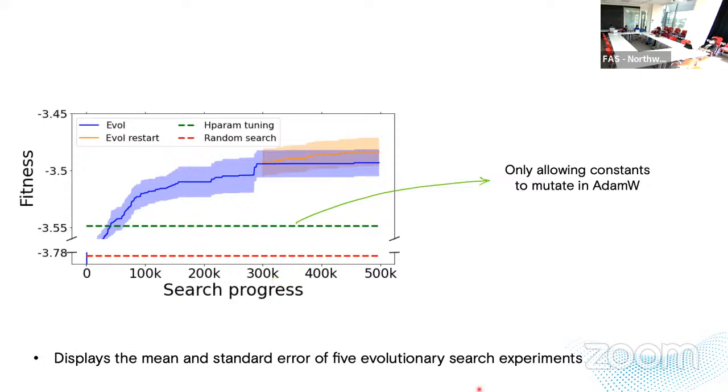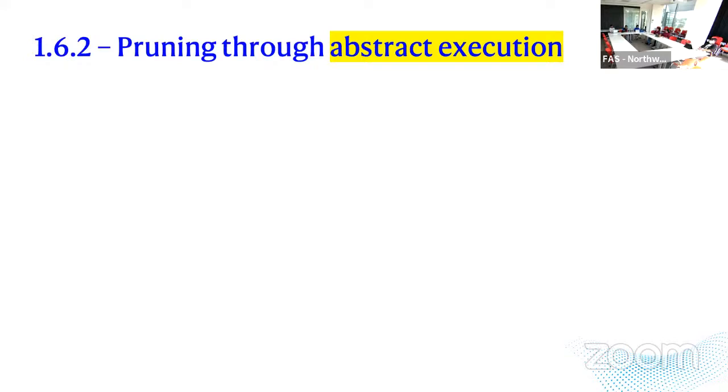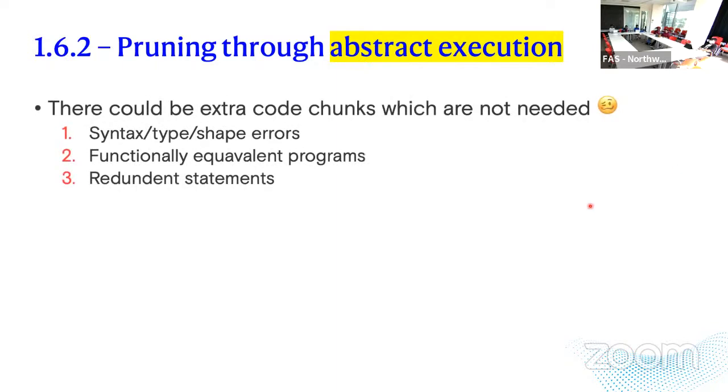which they call proving through abstract execution. So what they say is that when we do these sort of mutations, we always come up with programs which are sort of invalid or which have type or shape errors. And sometimes these programs have already been explored previously.